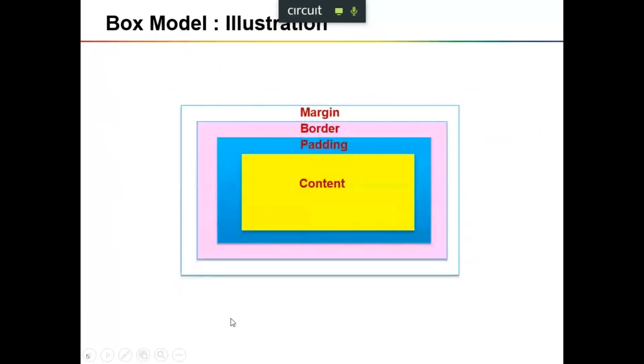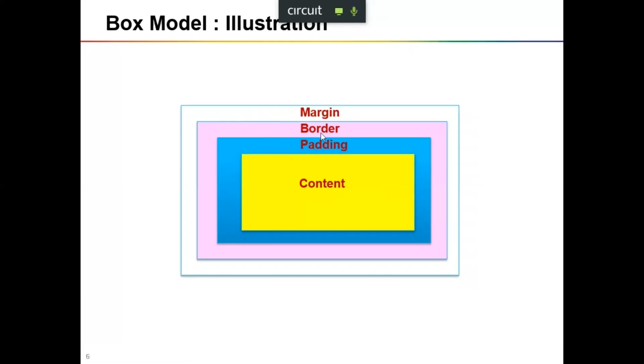Fine, just see here, please. When you have this content, it may be a text, an image, a table, a layout, whatever it is. So whenever you are using any content, surrounding the content you have these three types of features: padding, border, and margin.